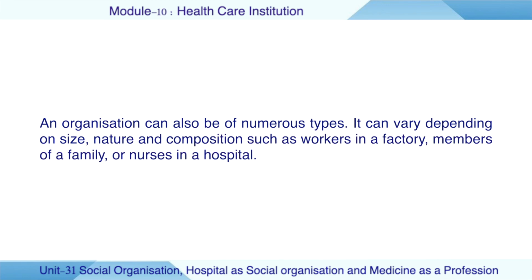It can vary depending on its size, nature, and composition, such as workers in a factory, members of a family, or nurses in a hospital. Social organization also ensures smooth functioning of the various groups or parts of the society. Since some form of organization is present in every aspect of our society, social organization constitutes an important topic in various social theories and research.